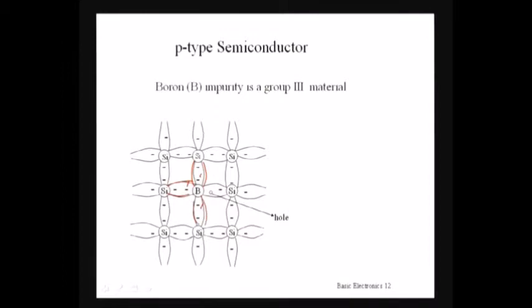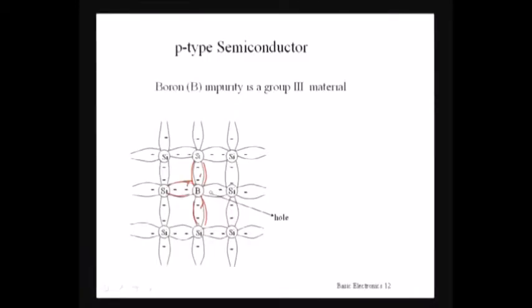But what about the other covalent bond? This covalent bond is now devoid, or short, of 1 electron to complete it. This shortage of 1 electron means it has a less negative charge, so a positive charge is there in this covalent bond.